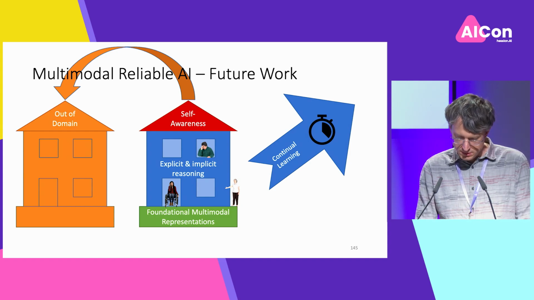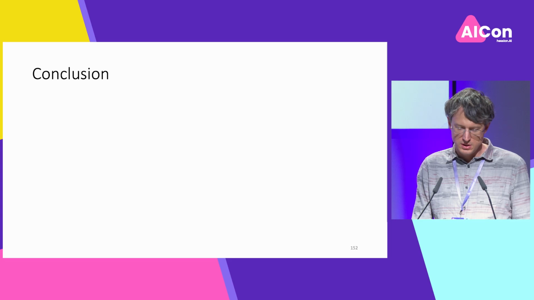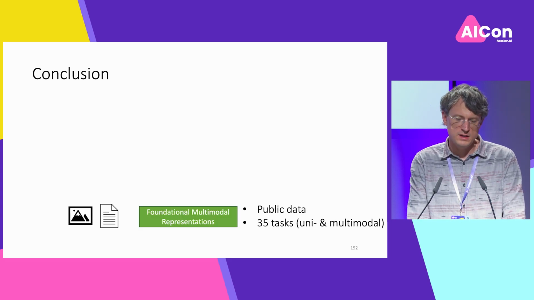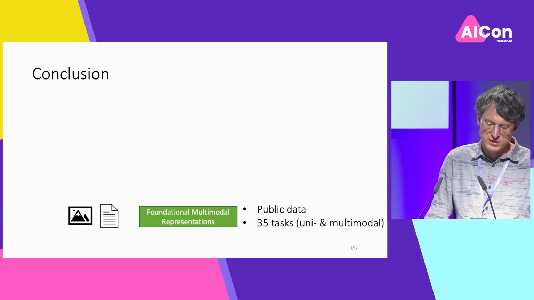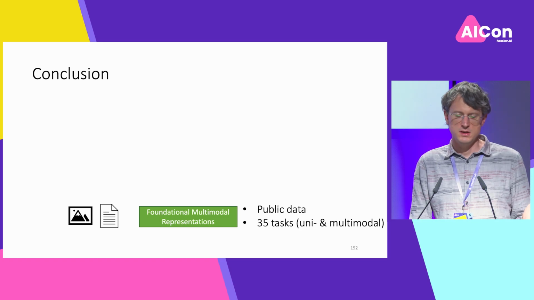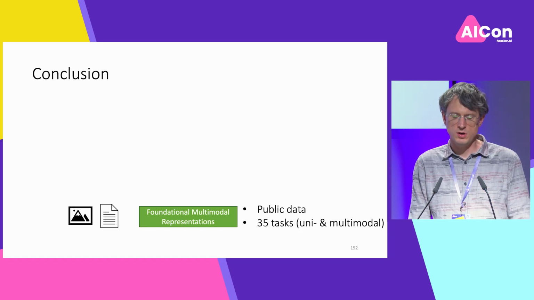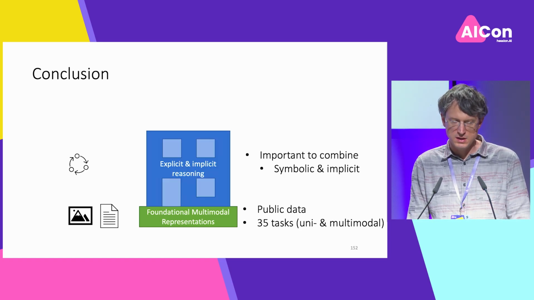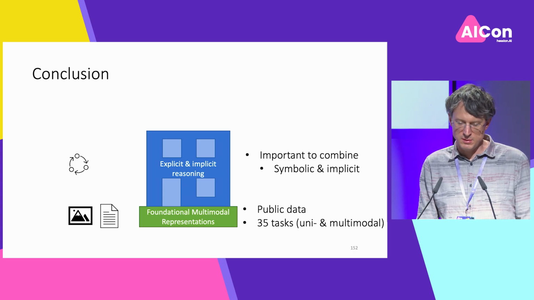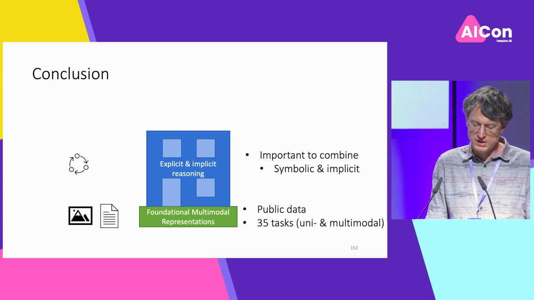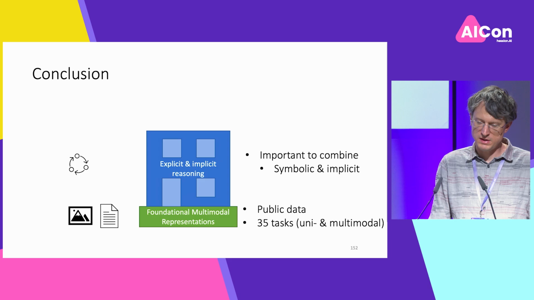And with this, I'd like to conclude this talk. So we have seen that we have built foundational models with public data, which are able to do unimodal and multimodal tasks. We've talked about explicit and implicit reasoning and how to combine them, which is the important aspect.